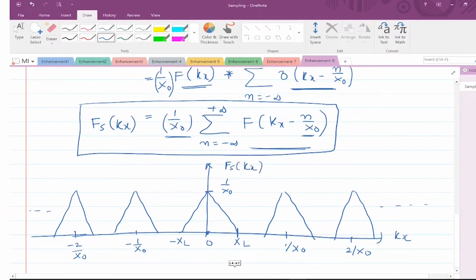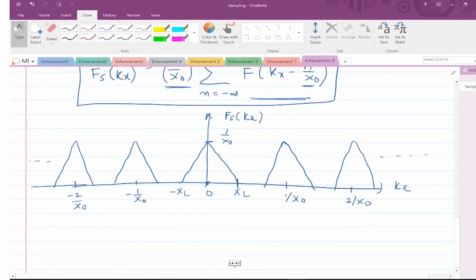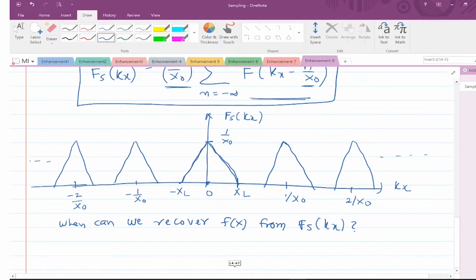Now you already know the sampling theorem, so I'm not going to go through it in a very detailed manner, but I would right away go to when we can recover f of x from fs of kx. That's the question here. Of course, when there is no overlap between these repeatedly placed copies, by using a low pass filter and just extracting one copy here, and this low pass filter having a magnitude of x naught, you would eventually get f of kx.